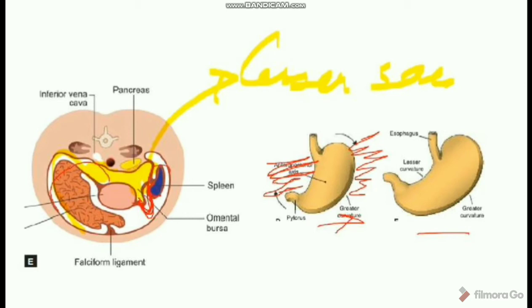Also, this is extending into the two folds of the apron. If you remember the apron which is formed because of the rotation of the stomach, of the greater omentum, this is the lesser sac as well, extending into here and also lying posterior to the stomach.